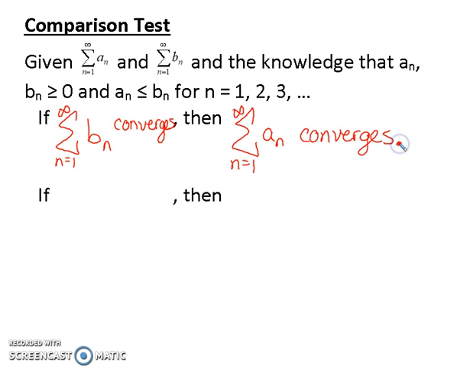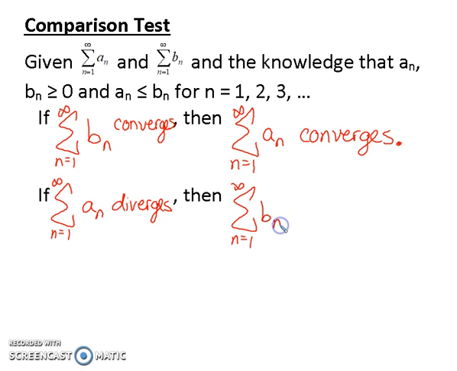But if we look at it the other way around, if we can show that the smaller series diverges, then that means that the larger series also diverges. So this can be used in either way.